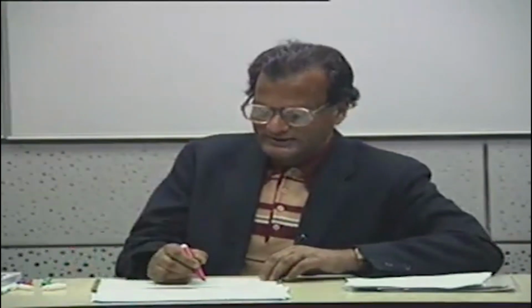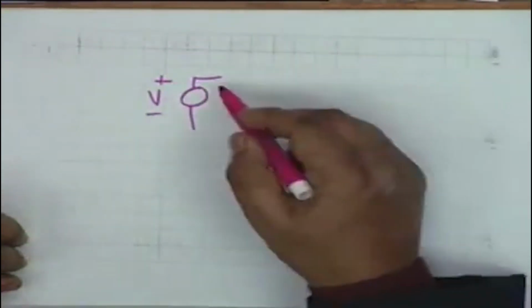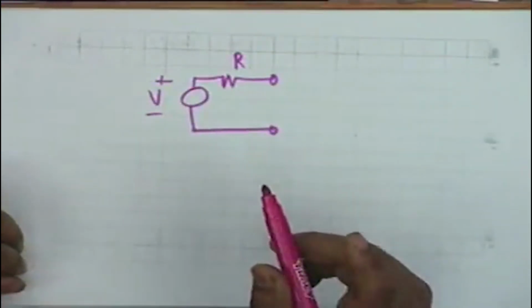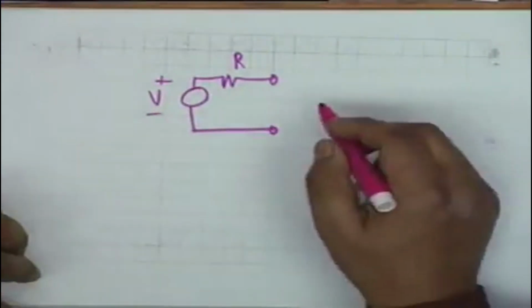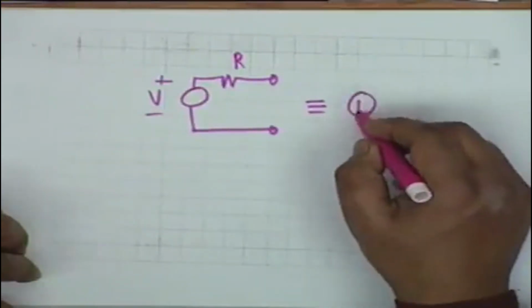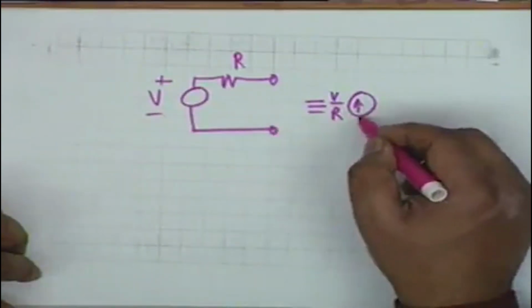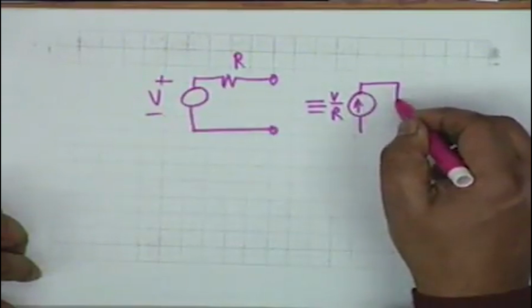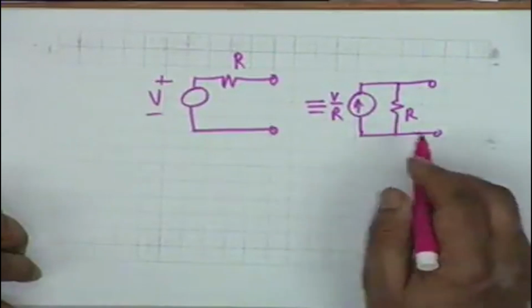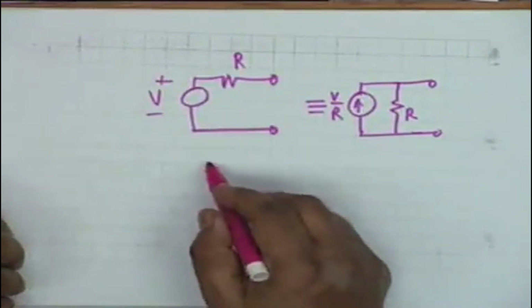That is, if we have a source V which is not ideal, which has a series resistance, let's say R, then it is a non-ideal voltage source. This is equivalent to a non-ideal current source of current equal to V by R, the short circuit current, and a parallel resistance equal to R. This is called source transformation, a big name, but a very simple application of Thevenin's theorem.